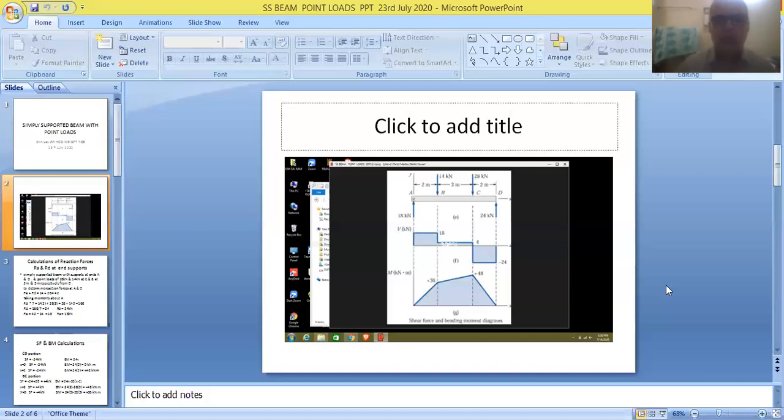Now let us have a look at the figure that is given in the problem.